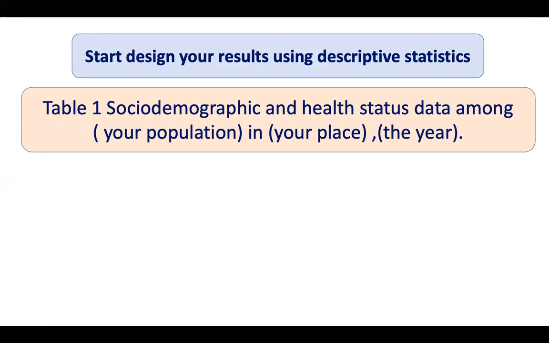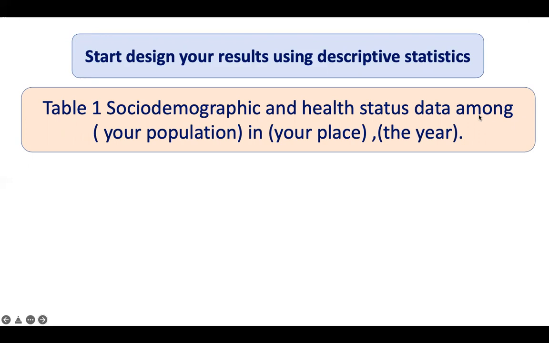Table 1, social demographic and health status data among your population in your place, the year. In the title, the table should be like this. As you see, this is table 1, nothing beside it, no colon, semicolon, or dot. Just start: social demographic and health status data among.